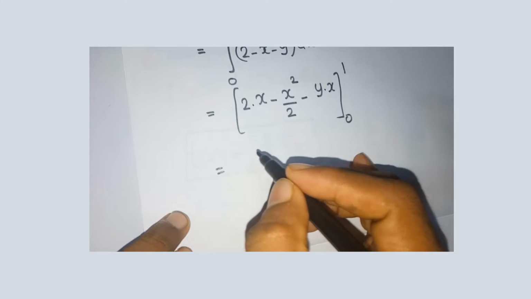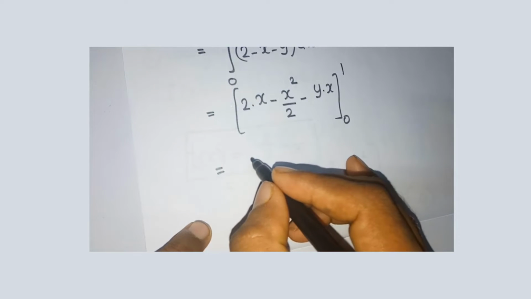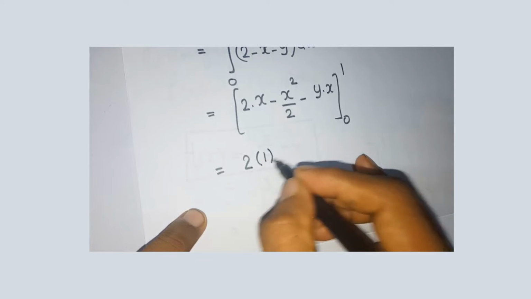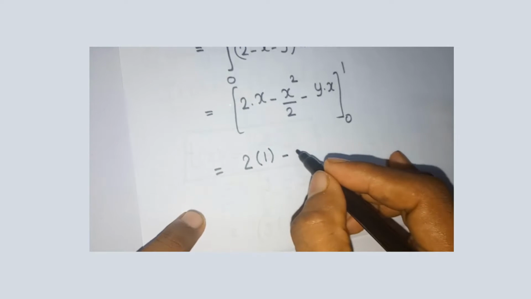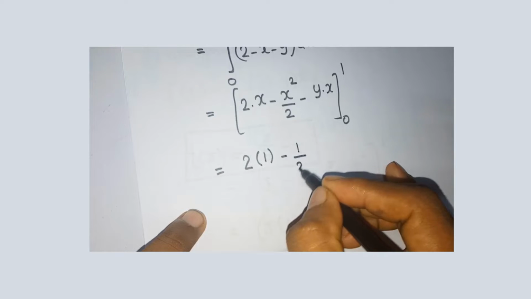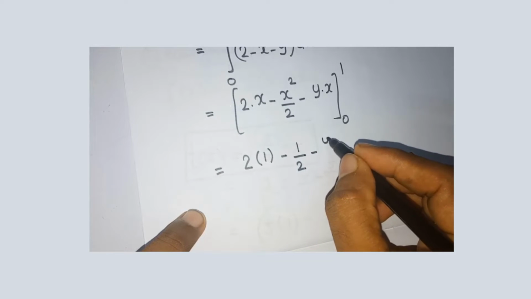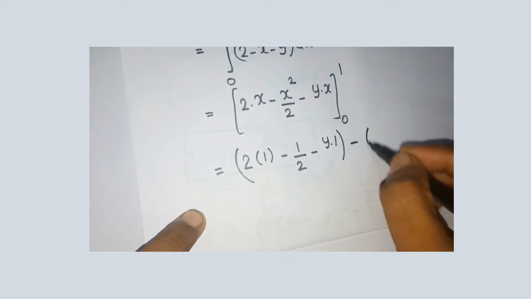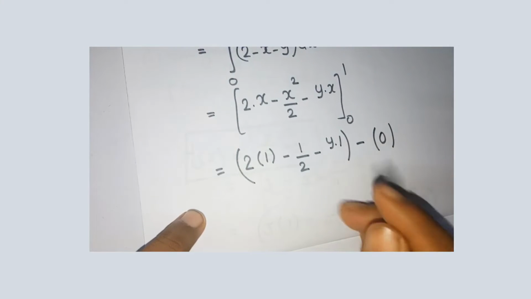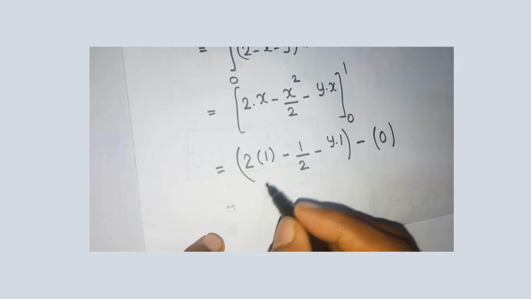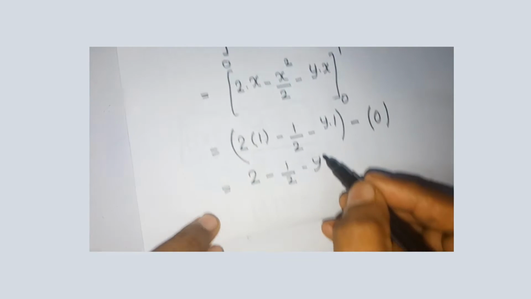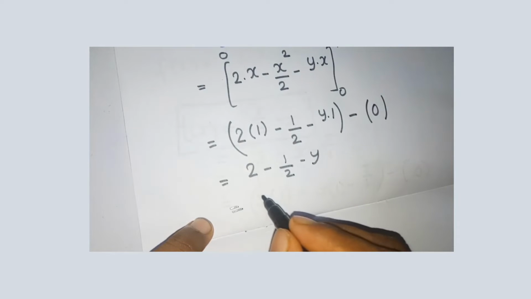Now if I substitute the upper limit, that is 1, in x, I'll get 2 into 1, 1 square is 1, so 1 by 2 minus y times x. Minus the lower limit gives 0. Next, 2 into 1 is 2 minus 1 by 2 minus y. So this will give me 3 by 2 minus y.